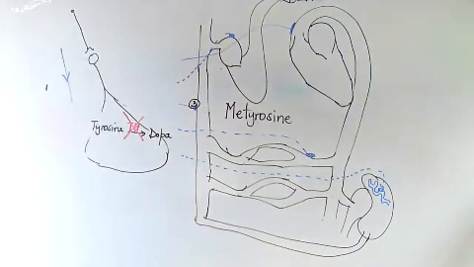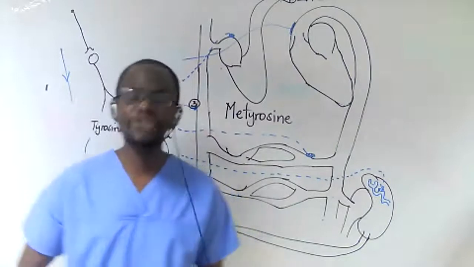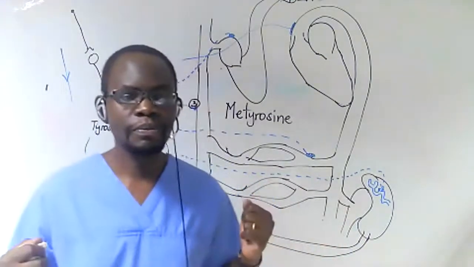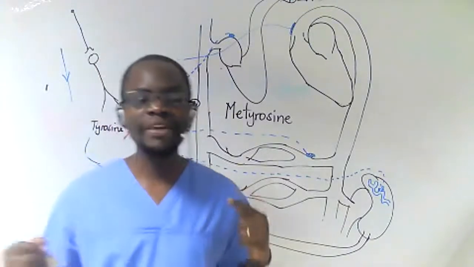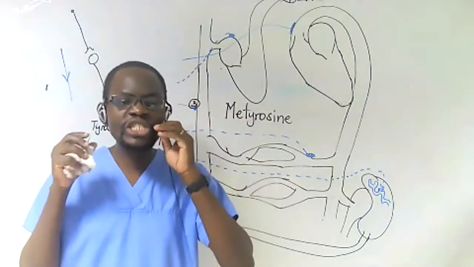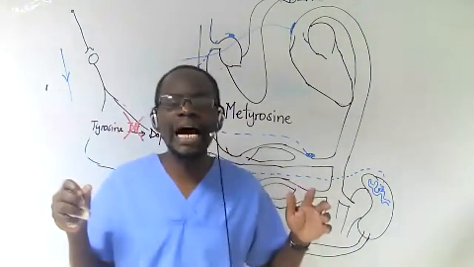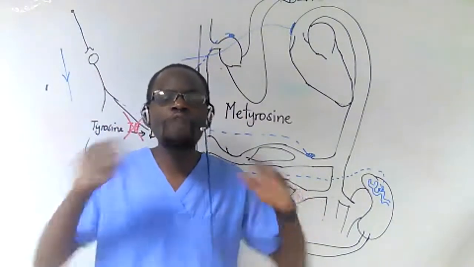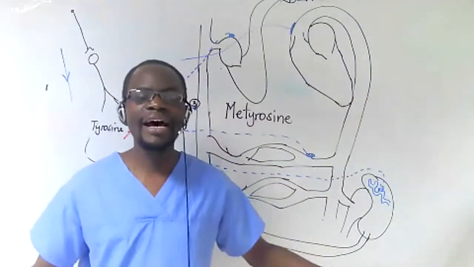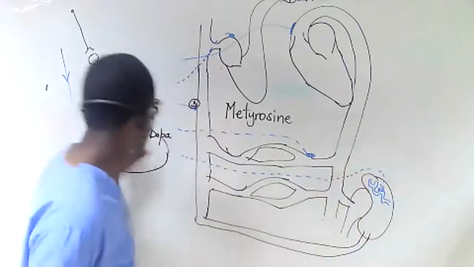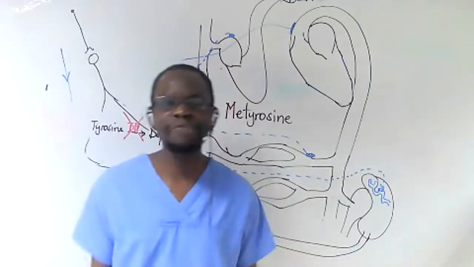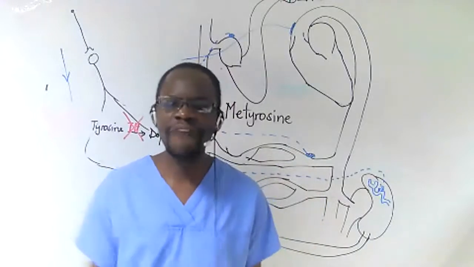Now, the other thing I should mention, ladies and gentlemen, is you should not be confused. When these drugs are given, it's not that they cause inhibition of all the neurons so that you don't have any release of norepinephrine. No, that's not the fact.